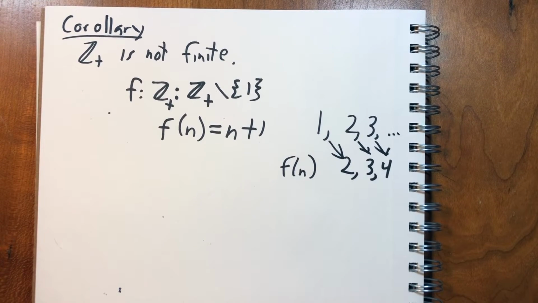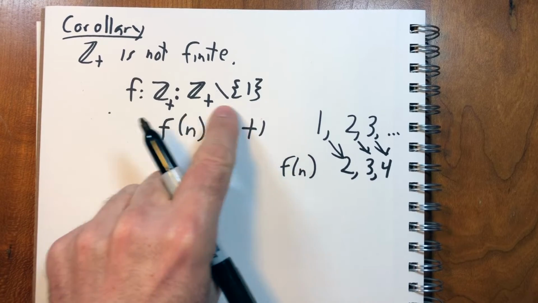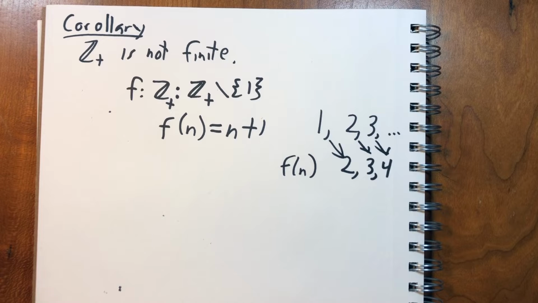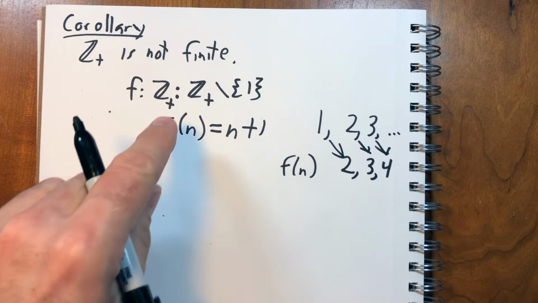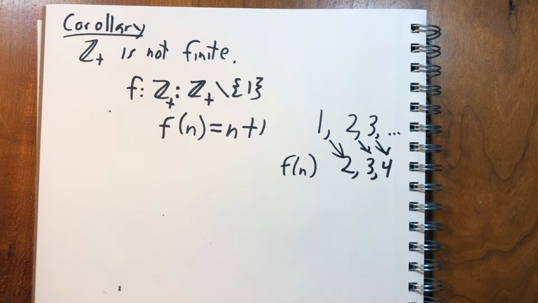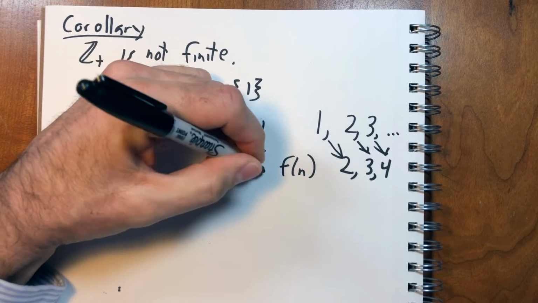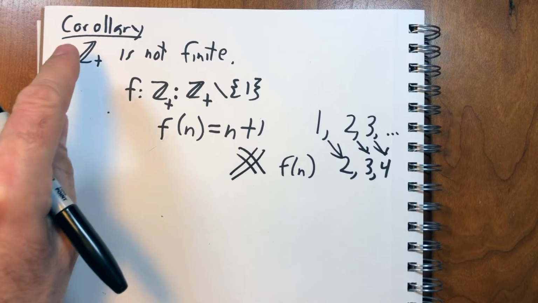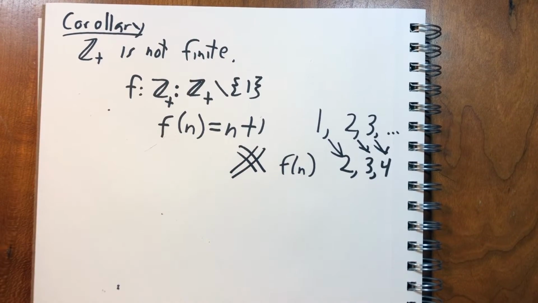So this is a bijection to a proper subset of the positive integers, and therefore, from what we just said, the positive integers cannot be finite because a finite set cannot have a bijection with a proper subset of itself. You could say this is a contradiction with the previous corollary, therefore the positive integers are not finite.